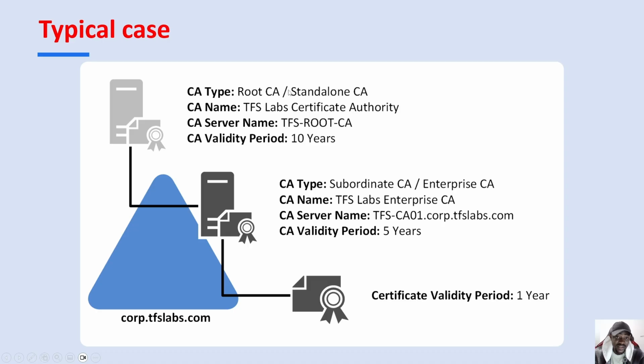You can see now that the root CA here has a CA validity period of 10 years, while the subordinate, which is the enterprise CA, has a CA validity period of 5 years, and now it can generate certificates of 1 year validity for end users or objects or services. So this is the typical case for most companies, and this is the recommended one.